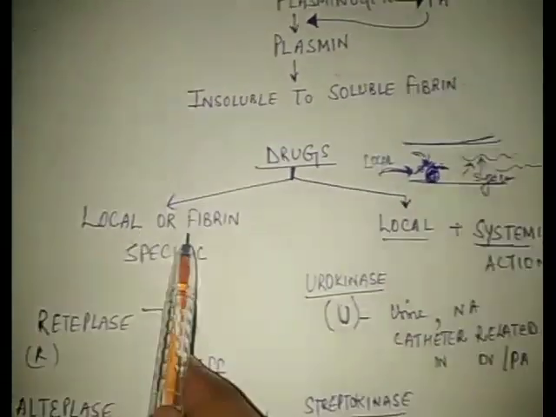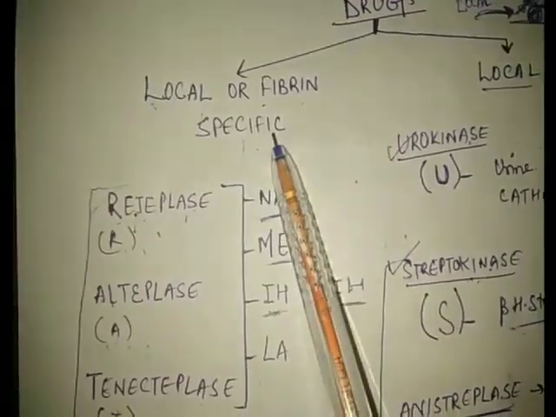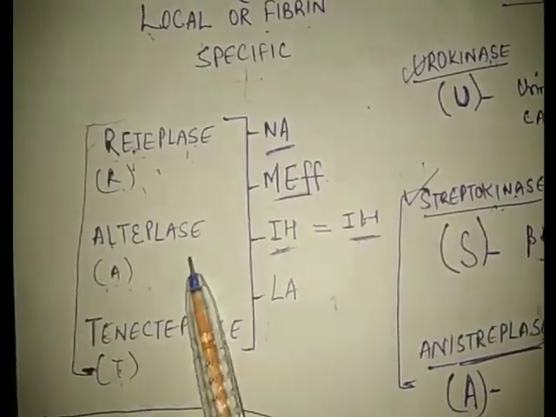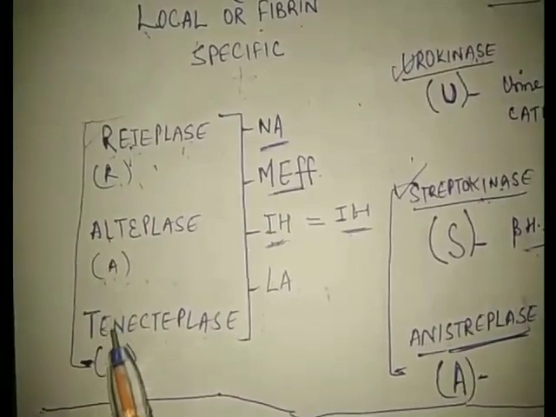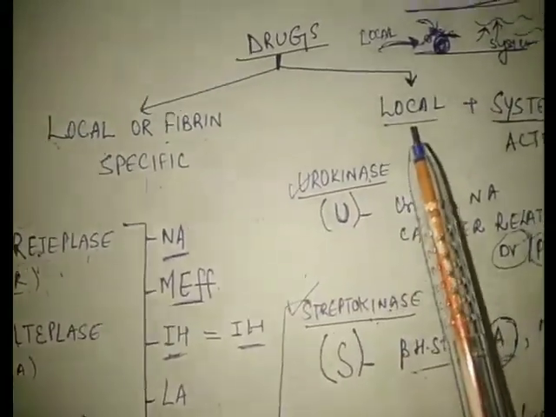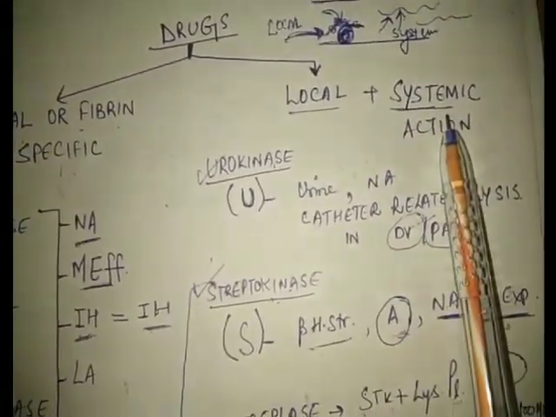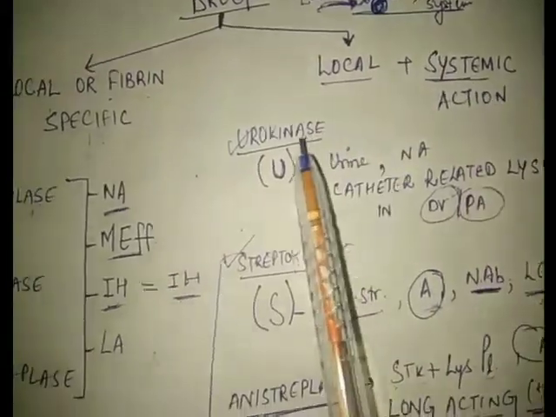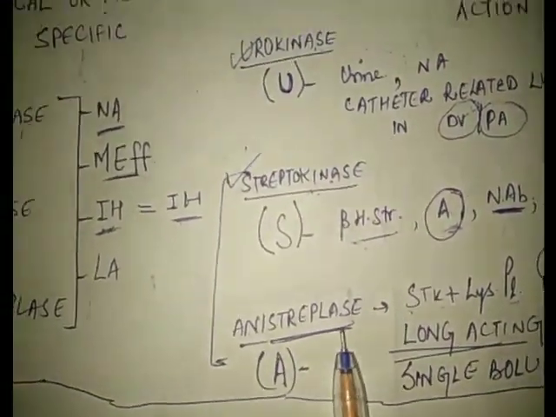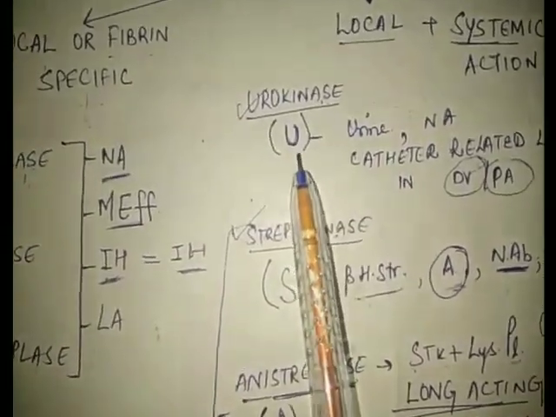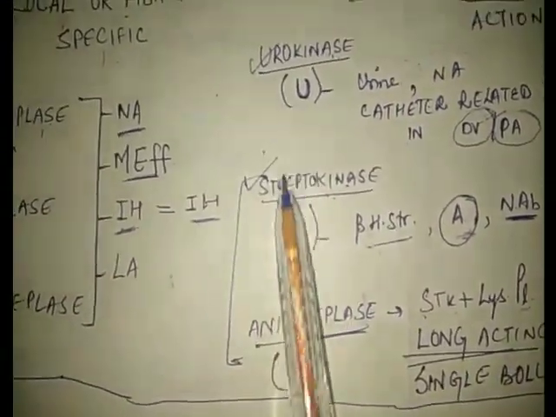The fibrin specific drugs are reteplase, alteplase and tenecteplase. You can remember it by the mnemonic RAT. Okay, and the drugs having local as well as systemic action are urokinase, streptokinase and anistreplase. You can remember it by the mnemonic USA.